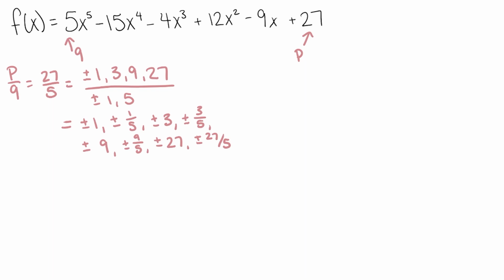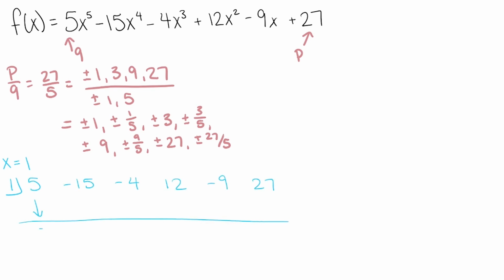Starting, as always, with our positive 1. So, we brought down our 5. 1 times 5 is 5. Negative 15 plus 5 is negative 10. 1 times negative 10 is negative 10.